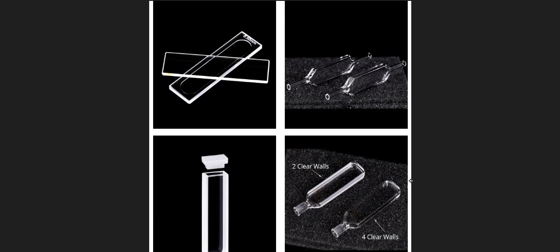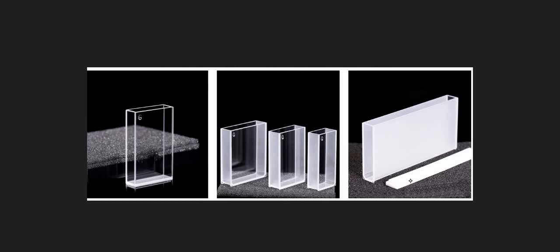In those spectrophotometers where the path length is 2 mm, one side of that will help, and if there is another spectrophotometer where we have a path length of 10 mm, then this very cuvette can be placed in that very spectrophotometer as well.